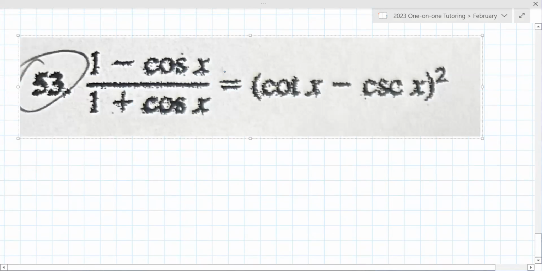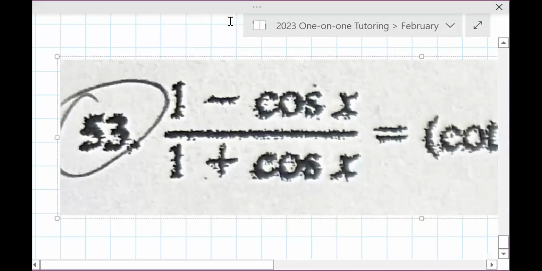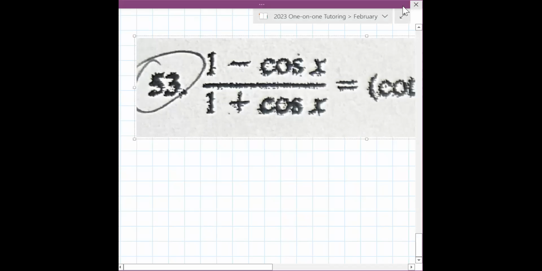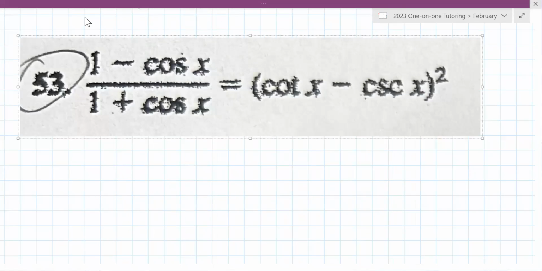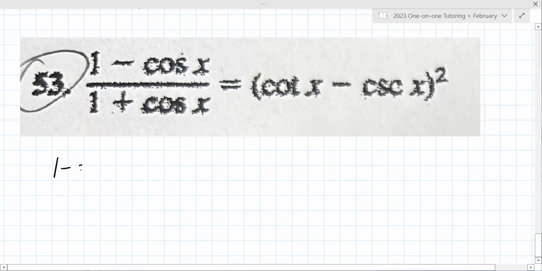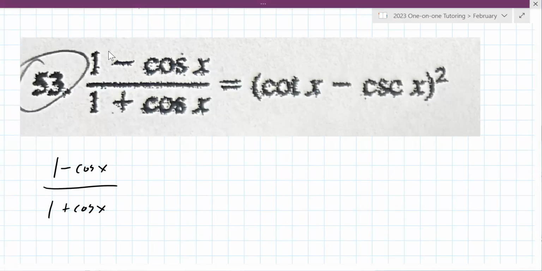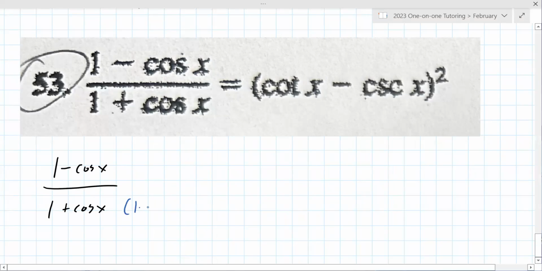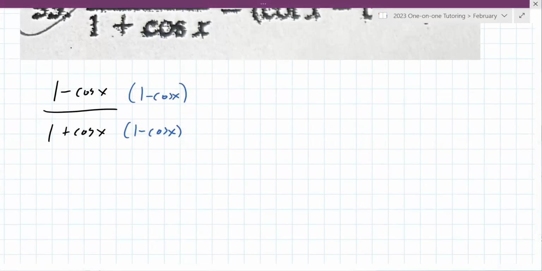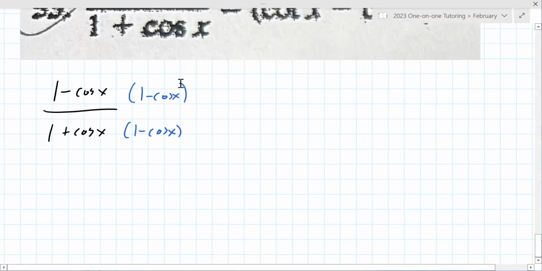Okay, so I messed up the left side. I didn't multiply the top and bottom by the same thing. So we got 1 minus cosine x over 1 plus cosine x. You have to multiply the top and bottom by the same thing, and that means the conjugate. Did you use the conjugate for the denominator? Yeah, I did 1 plus cosine x. I just literally wasn't paying attention.